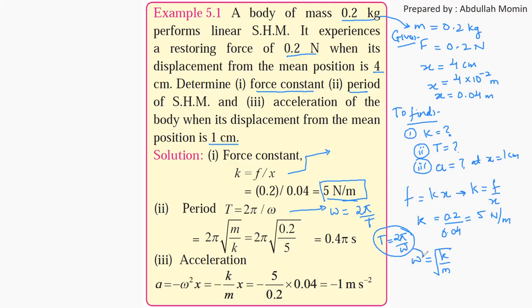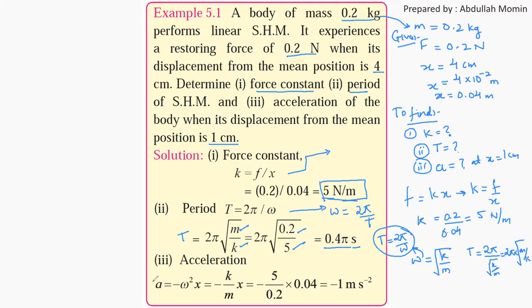When you put this into the equation, you get T is equal to 2 pi divided by root k by m, which we write as 2 pi root m by k. M is the mass of the body, k is the force constant. So we have the value of force constant, and when you put this value, you will get 0.4 pi second.